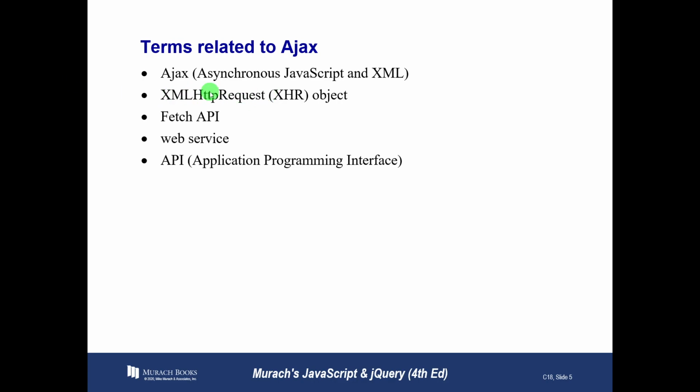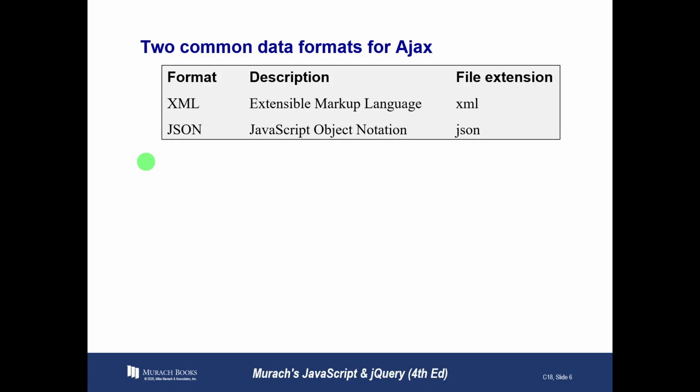It's kind of replaced XML in some of these. We're going to look at the fetch API. The web service is the service that's running on the server where we make our request, and it's running an application programming interface. So that web service, we contact the API, and it's what sends us the data back. And we'll see how those things are used in upcoming videos.